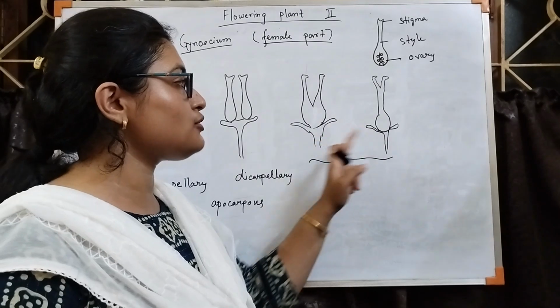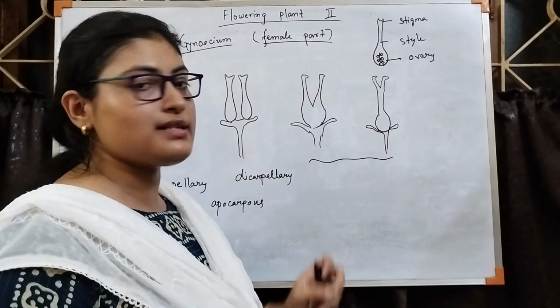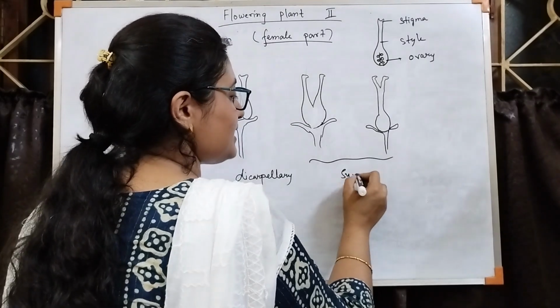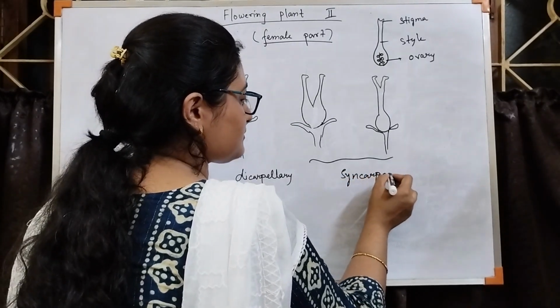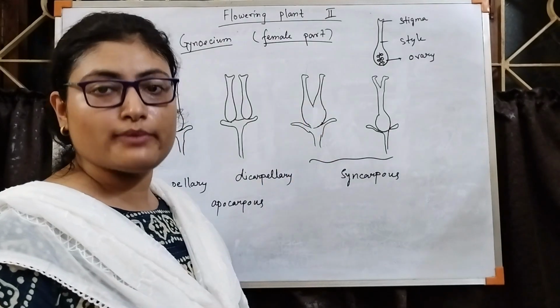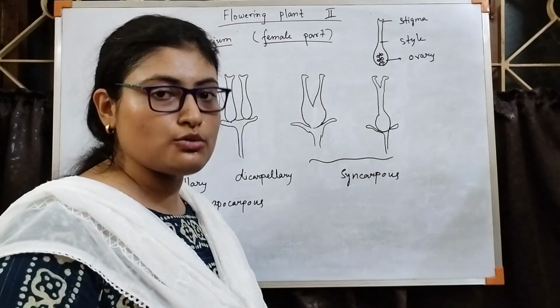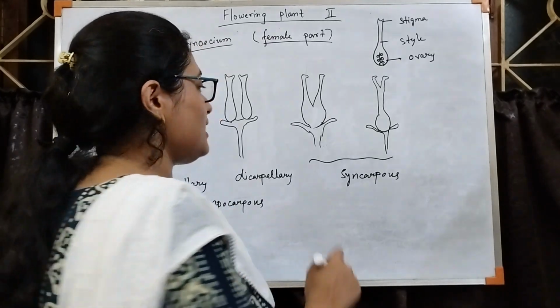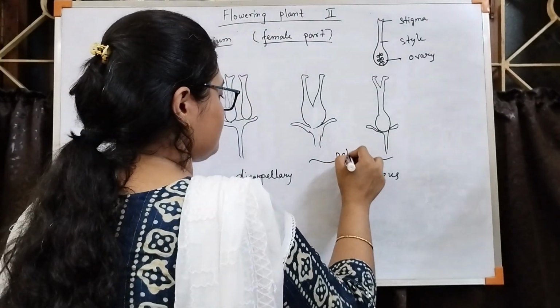You can see in these two pictures that carpels are fused. So that is why it can be called as syncarpus. Here it can be fused with two or more than two carpels. That is why this arrangement can also be known as polycarpellary.